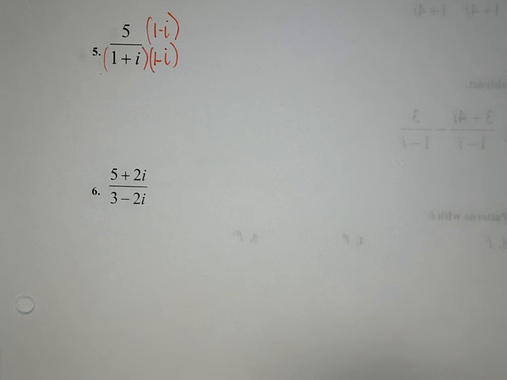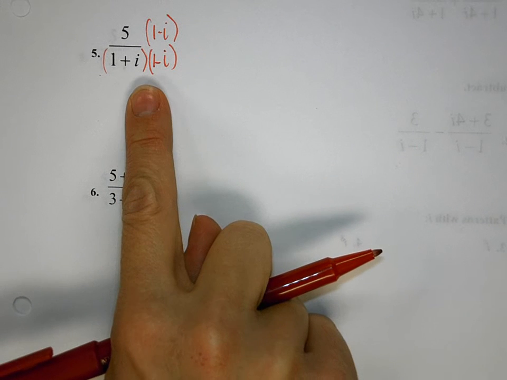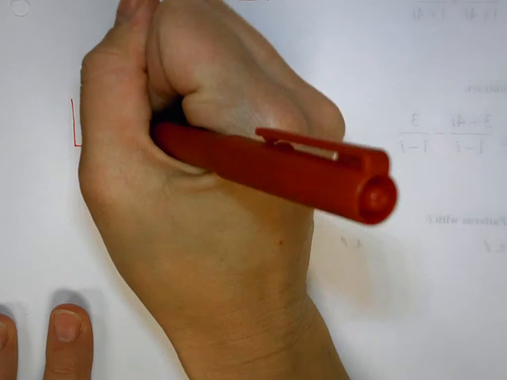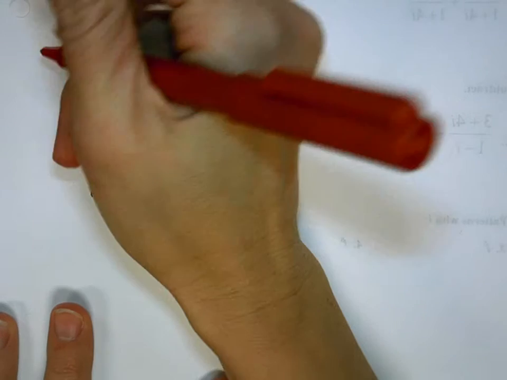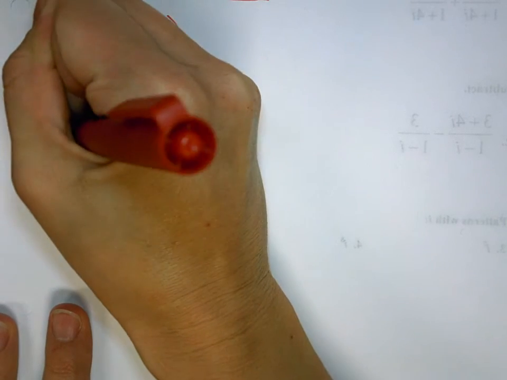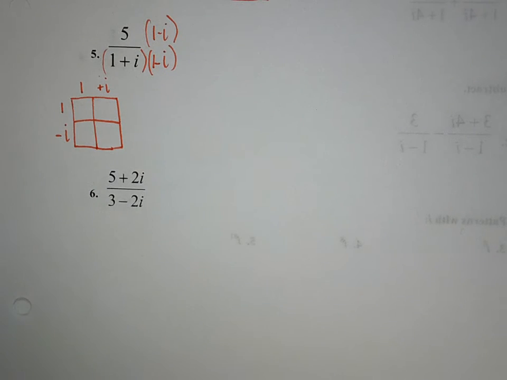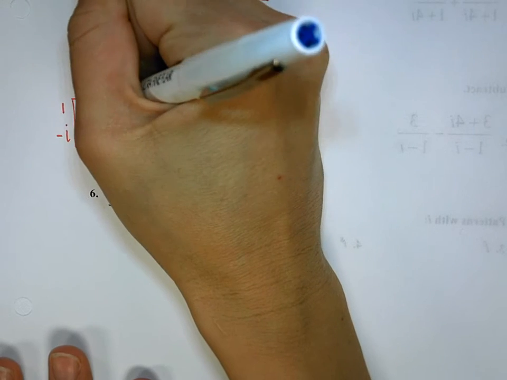So, to be careful, I might go ahead and make a box on this to make sure I multiply it correctly. Okay? So I'm going to make a box. So we have a 1 and a positive i and a 1 and a negative i. Okay, when I multiply here, 1 times 1 makes 1. 1 times i is?